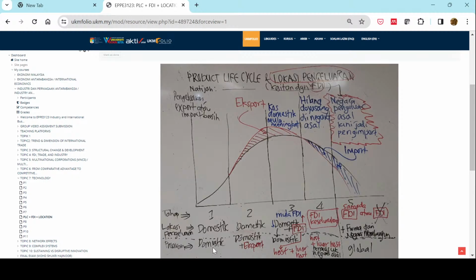That country only had the technology at that time. So it explains that a product introduced by a country that had all the technology and capital to produce that product, today, in the end of this graph at stage 5, that same country that introduced the product now imports the product.